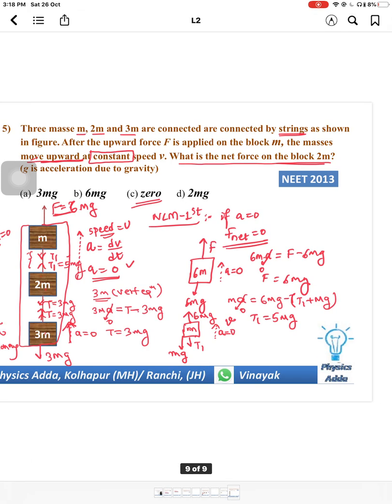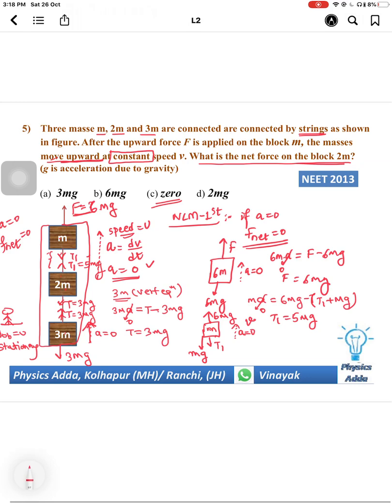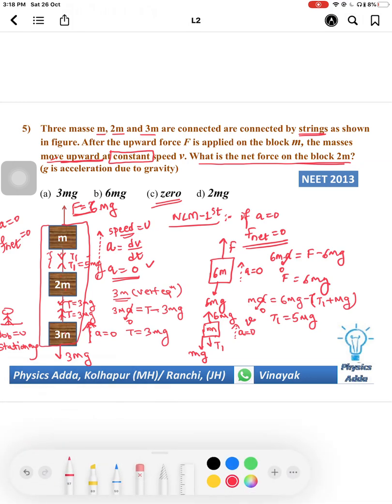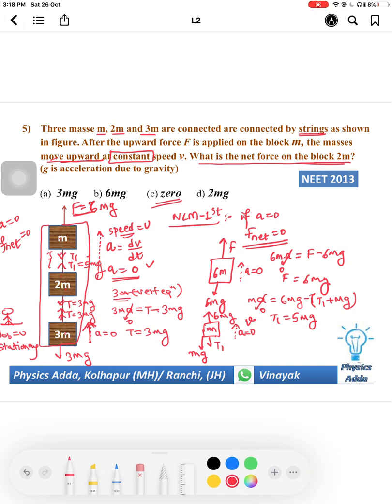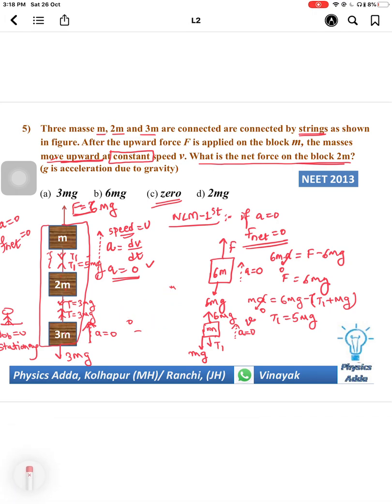Now we will solve the problem for block 2m. For block 2m, I need to remove this one.